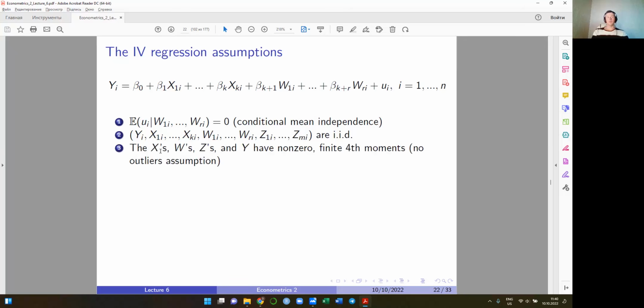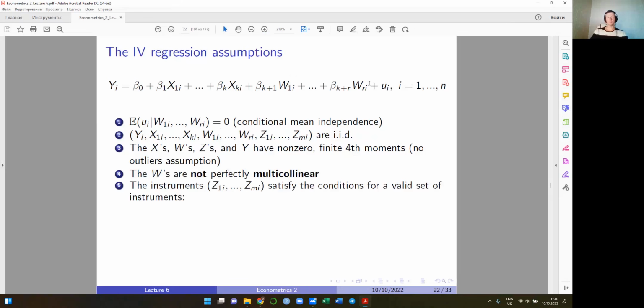All of the variables used in this regression, x's, w's, z's, and y, have non-zero finite fourth moments, which means that there are no outliers. Familiar assumption. W's are not perfectly multicollinear. Control variables must not be perfectly multicollinear.